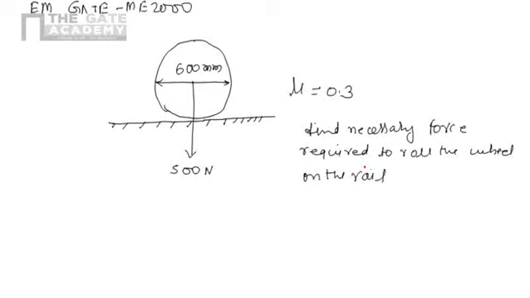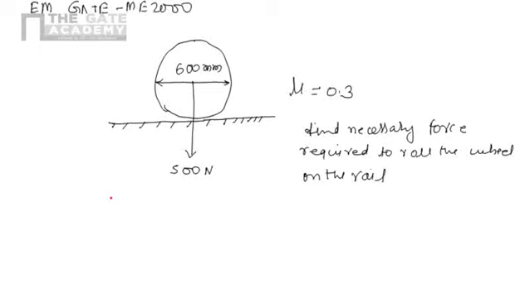I will again repeat this problem. There is a steel wheel of 600 mm diameter which has a weight of 500 Newton, and the coefficient of rolling friction is 0.3. Now we have to find the necessary force required to roll the wheel on the rail.